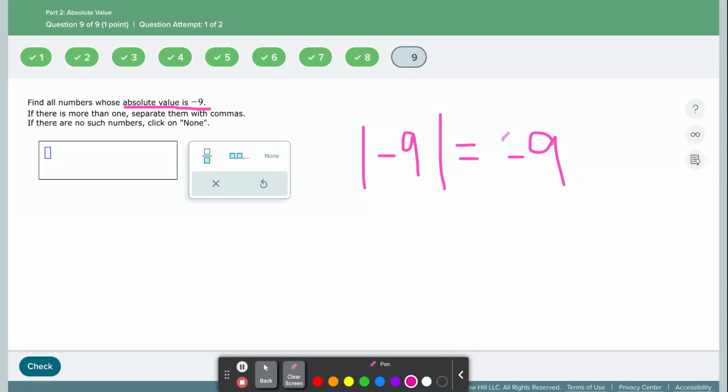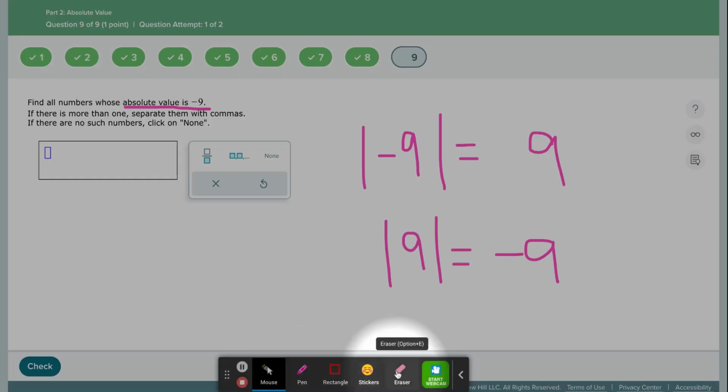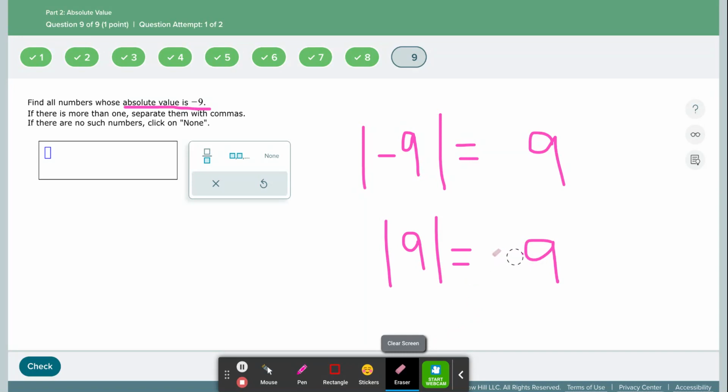Why? Because absolute value is always a positive amount. Even if I said the absolute value of 9, would I get -9? No, because absolute value is always a positive amount. You're always going 9 hops away from 0, whether you're going to the left or the right on the number line.